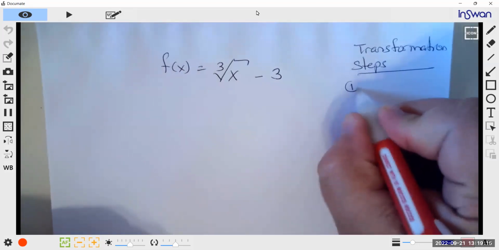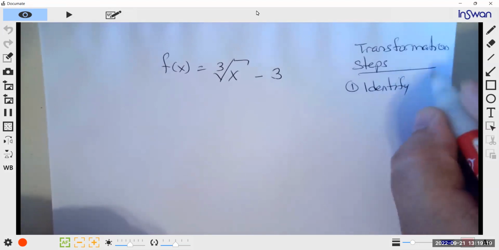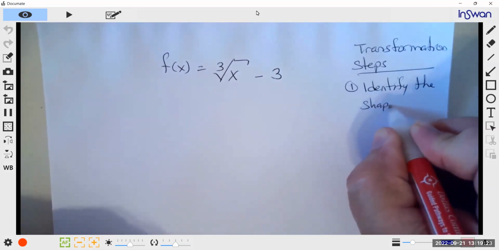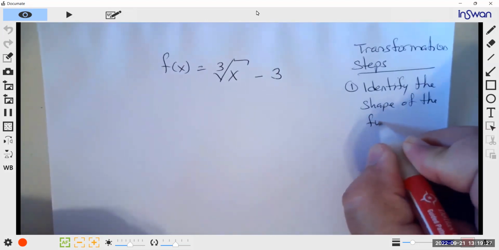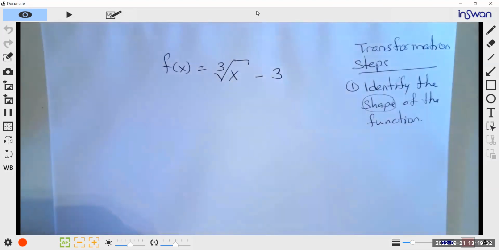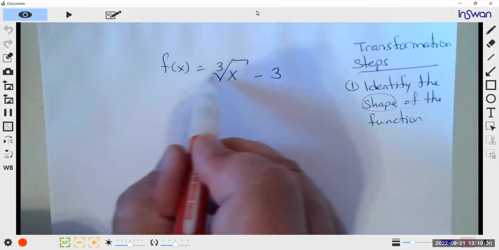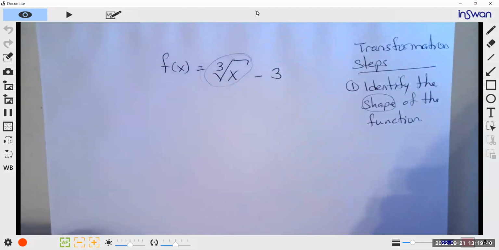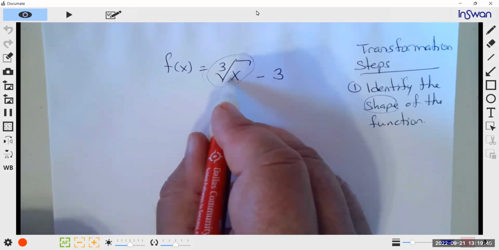Transformation steps. The first thing you have to do is identify the shape of the function. By shape, I mean the original graph. At this point, you just look at the highest operation, the highest special operation. What does that graph look like?